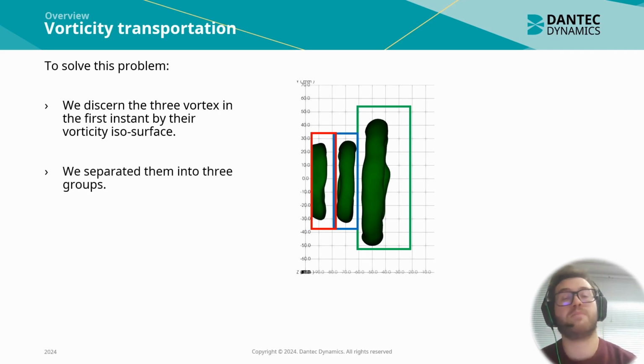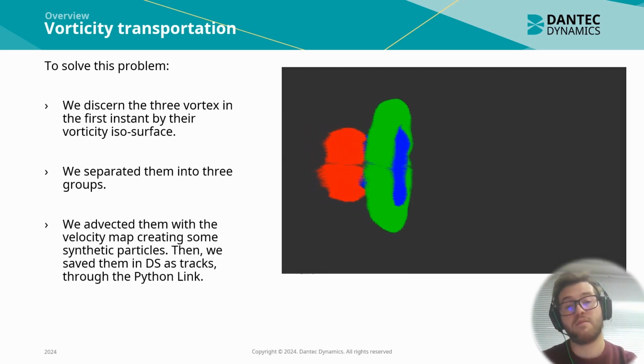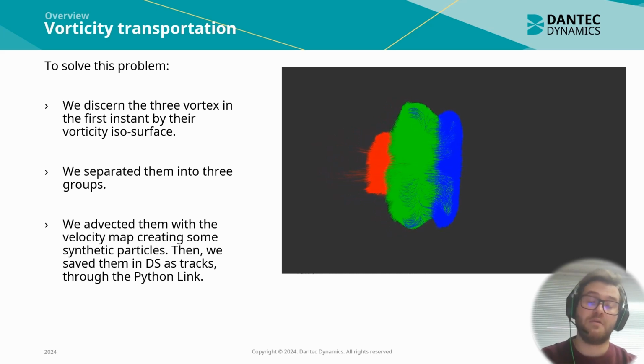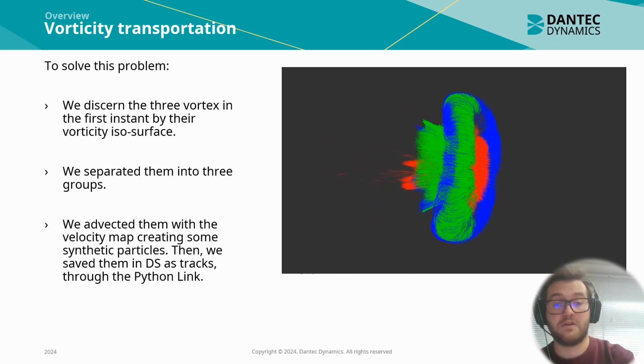Then for every point that was inside some threshold of vorticity isosurfaces, we assigned a particle that we then advected with the Eulerian map of the velocities that we had, and we saved it in DynamicStudio as tracks by using the Python link.